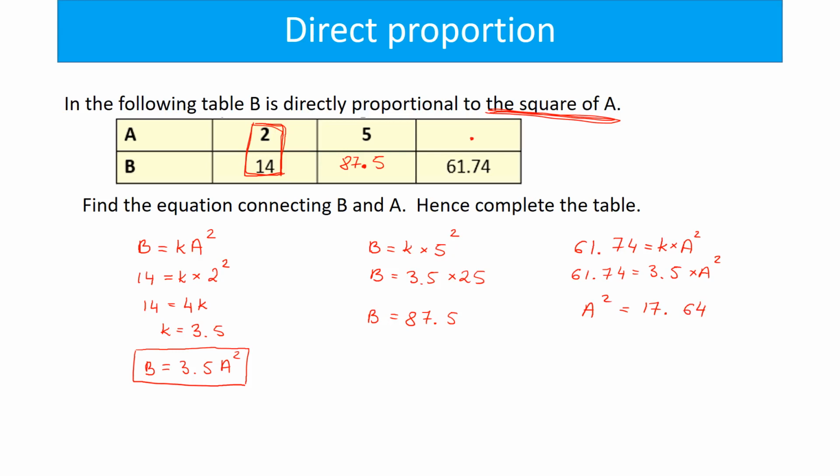And then now I have to square root both sides to find the value of A. So that is square root of 17.64, and the value of A is 4.2. Okay, that's it. So we worked out the formula first, and then we used the formula with the value of K to work out the missing values.